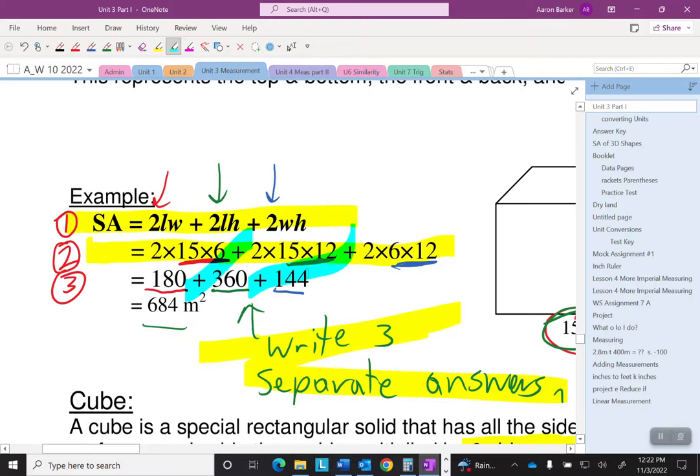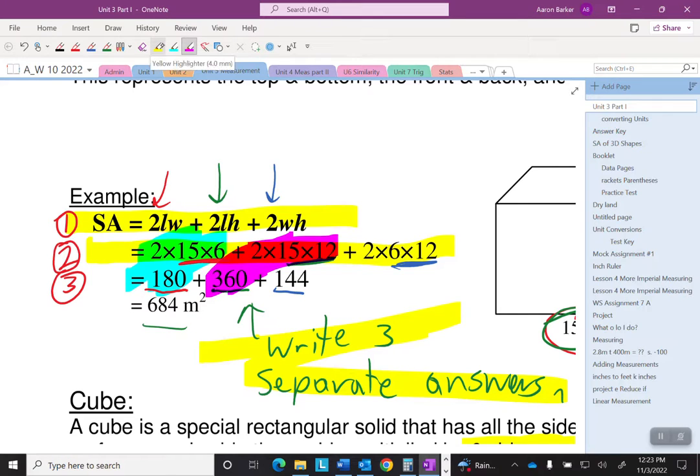So the first number, 180, that is 15 times 6 times 2. Okay, so 180 is from 15 times 6 times 2. The middle number is from 2 times 15 times 12. And the last number is 144, and that's from 2 times 6 times 12. So we have 3 numbers.